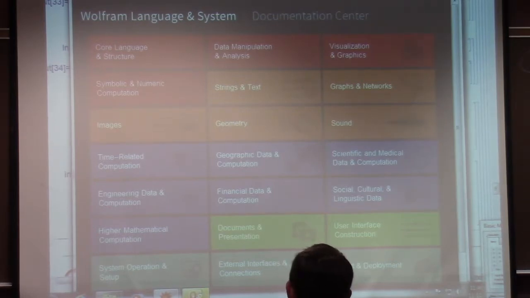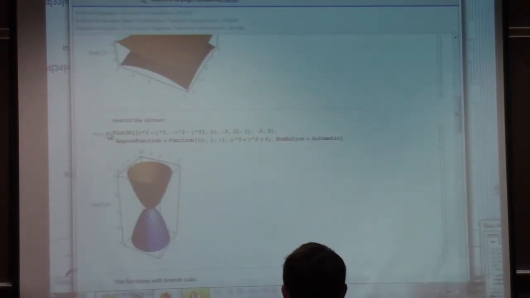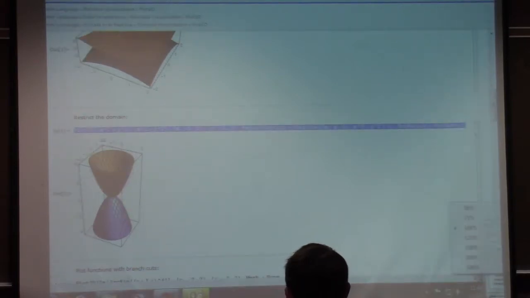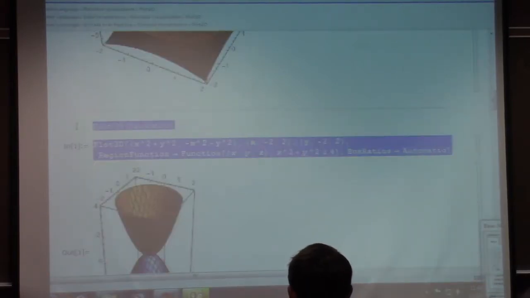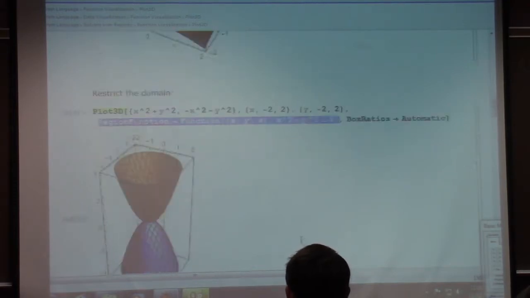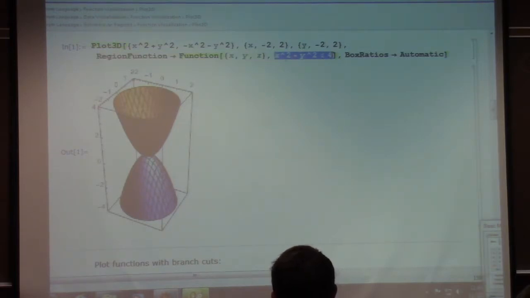There's an example here, about the third example down, right here. You can see it says you're restricting the domain there. Restrict the domain with RegionFunction, arrow function, then the point, then the inequality. That code restricts the domain. In this three-dimensional example, it restricts the domains of these functions when they're graphed in three-dimensional space to being a disk of radius 2 centered at the origin.